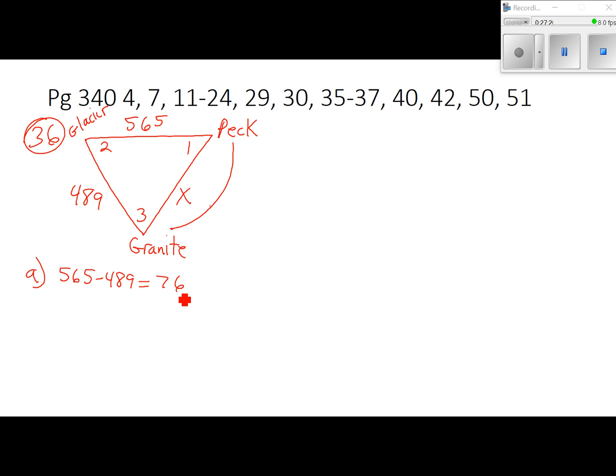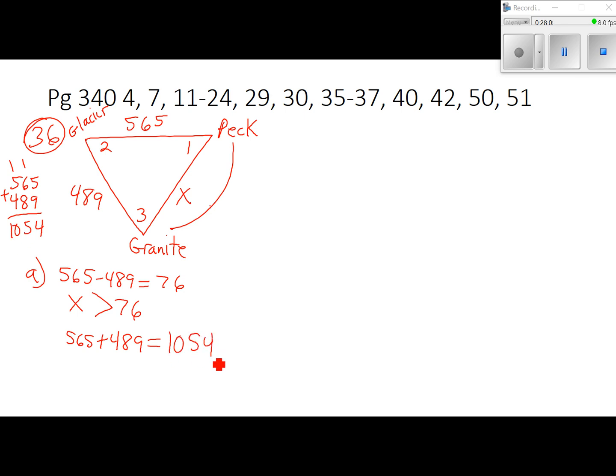So we know that that distance x that they gave us has to be greater than 76. Then to find the other end, the highest it could go up to, we add the two. So 565 plus 489, you could grab your calculator, you just add them up, and that's 1,054.